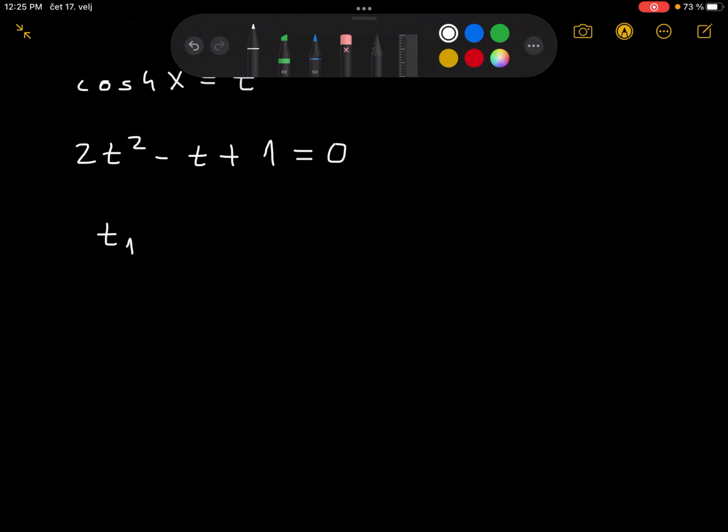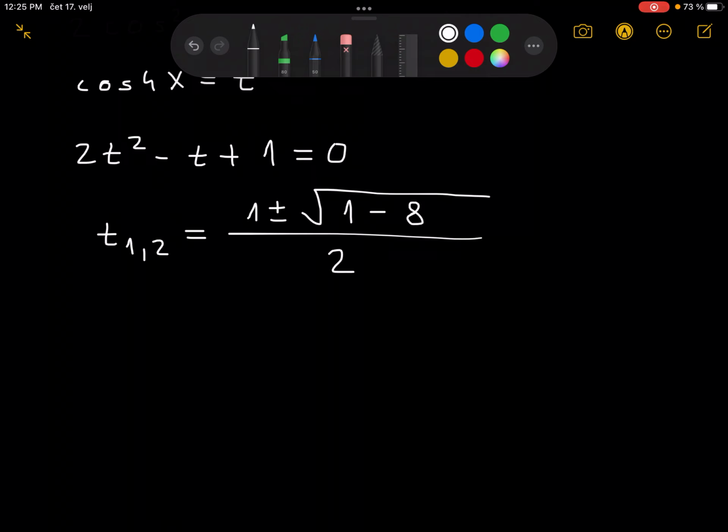By using the quadratic formula, we'll get that t1,2 is equal to 1 plus or minus the square root of 1 minus 4 times 2 times 1, which is 1 minus 8, and everything over 2.